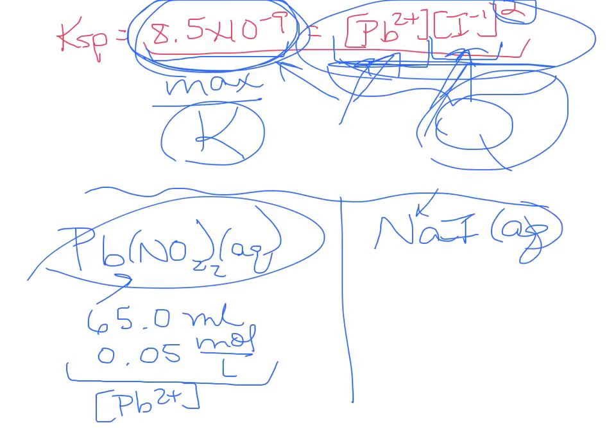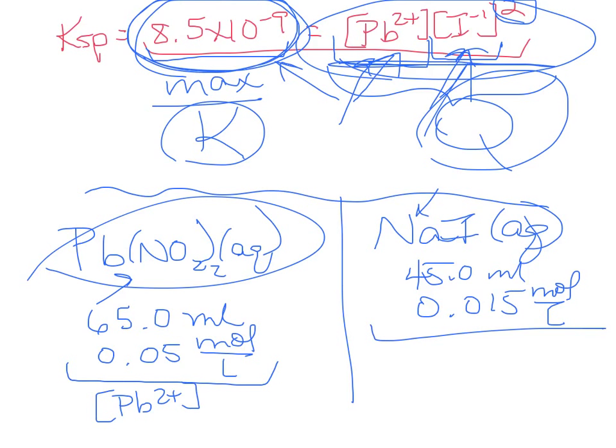It's got a group 1 metal. And how much of that did we add? We added 45 milliliters of sodium iodide, and the molarity of the sodium iodide was 0.015 molarity, moles per liter.